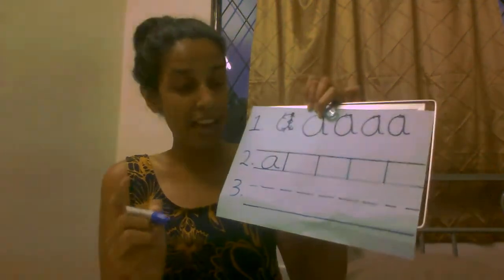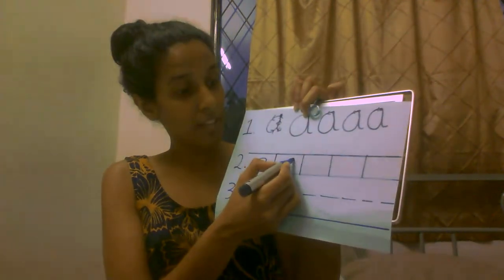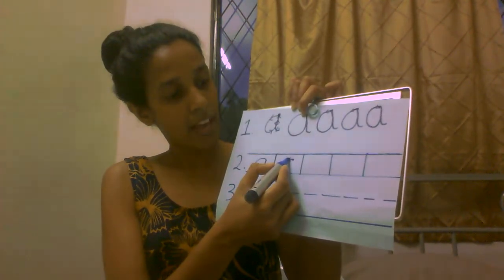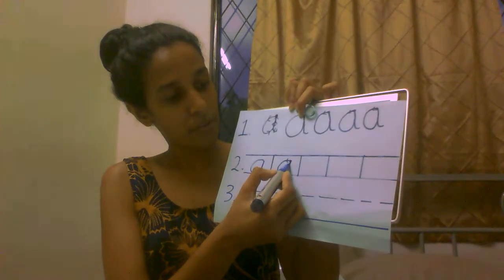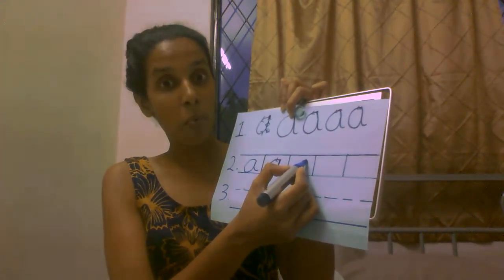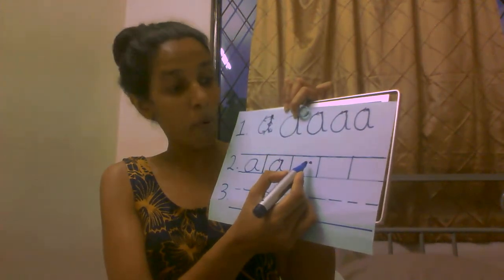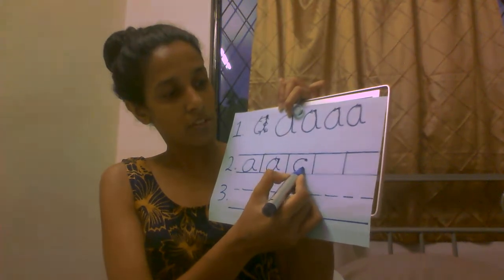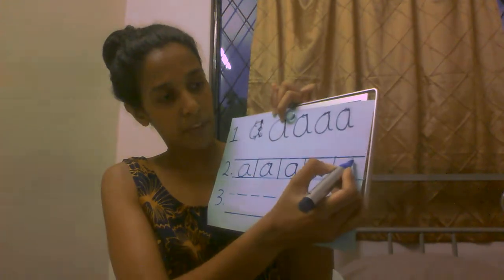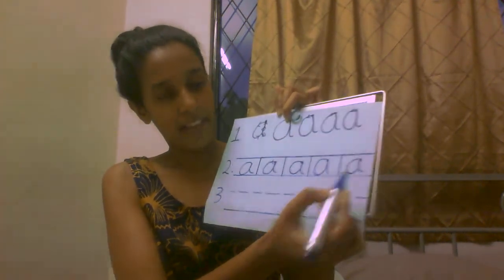And then if they still have some difficulty wanting to know where to start, you can give them a little dot and an arrow, and they can follow the dot and the arrow to make an A. Okay, and if they become a little bit more aware of the direction, then you can just give them a dot, which is a starting point, and then they will just make A's from there on. So just keep putting this dot here so that they can make their A's.